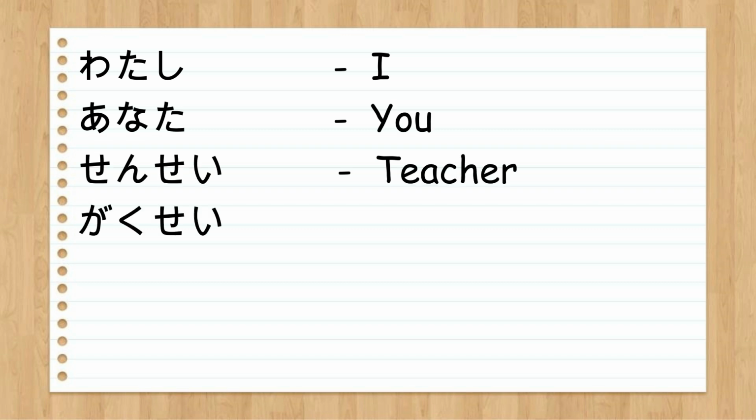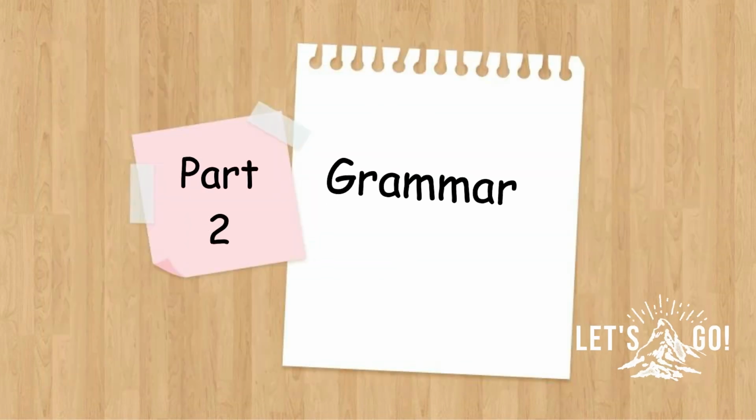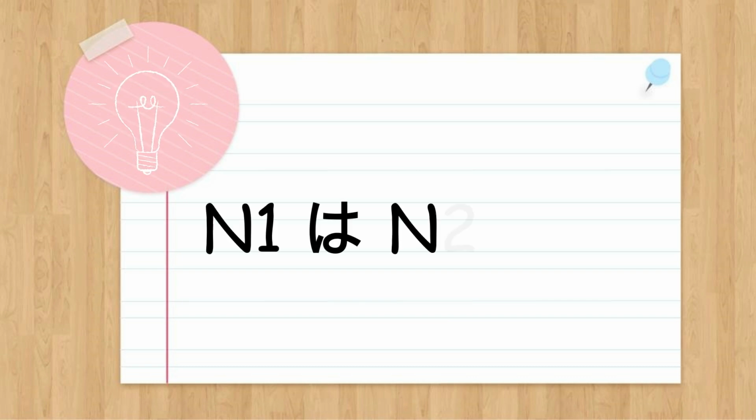These are the vocabularies that we're going to use for today's grammar lesson. Our first pattern is N1 or noun 1 wa, N2 or noun 2 desu.